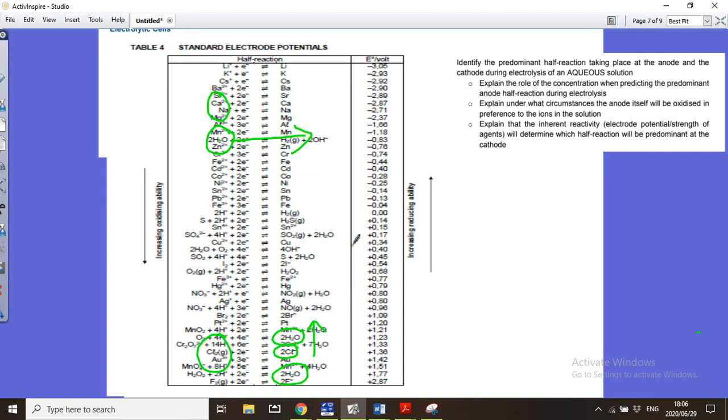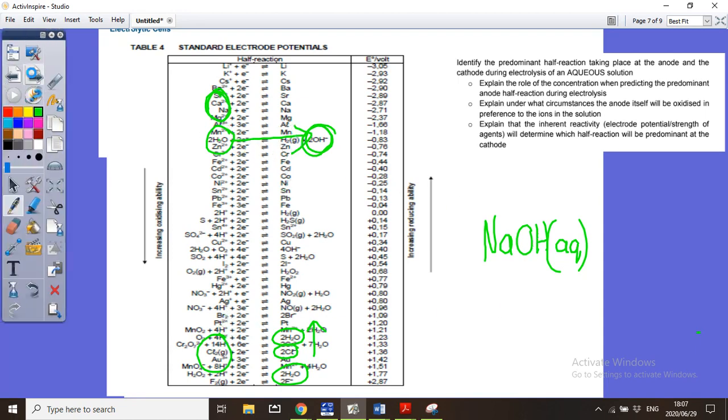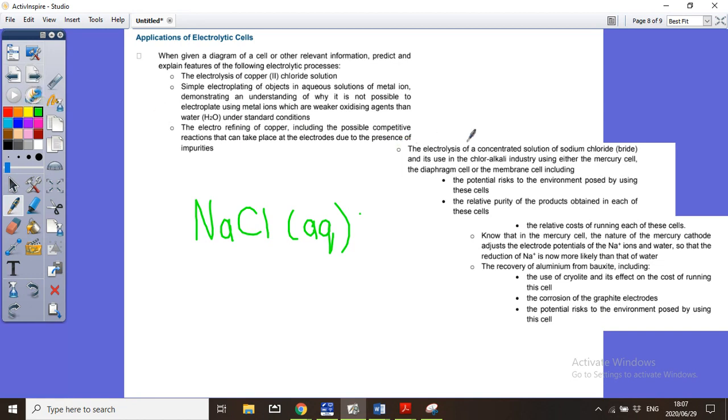Now the other product, you will see here, I form some OH minuses and I had my Na plus ion swimming around. So I actually form as my third product NaOH, which is still a solution. And that gives me my 3 products: hydrogen gas, chlorine gas, and sodium hydroxide. But you need to go and look at the videos of those 3 cells in detail and make sure you know which one is the best and which one is the worst.